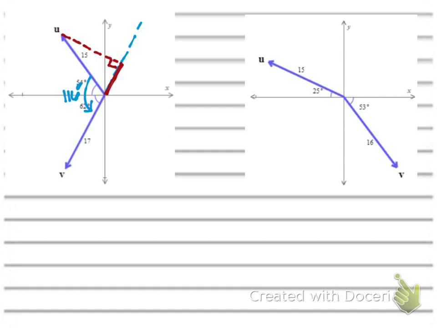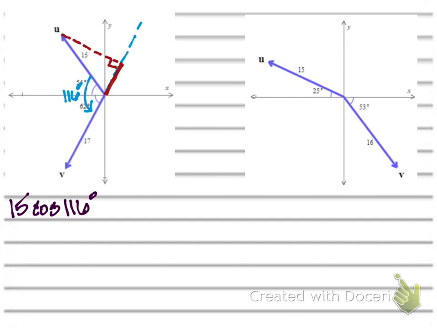And think about the formula. The formula is the magnitude of u, which is 15, cosine theta, which is 116. Since that angle is obtuse, it's in the second quadrant, right?